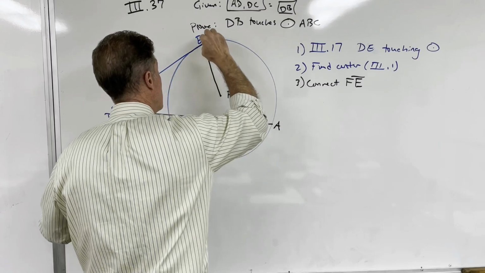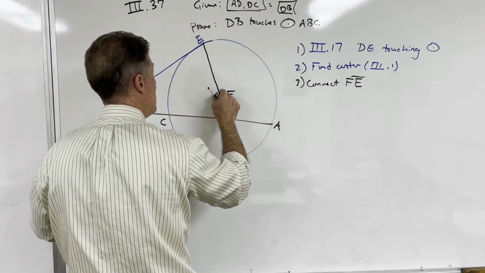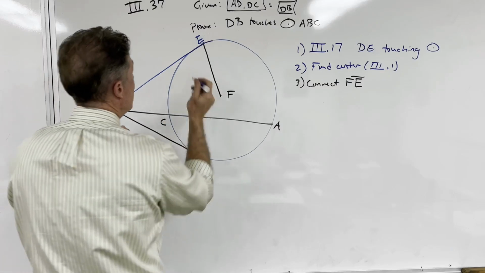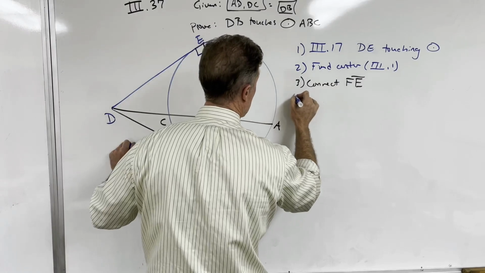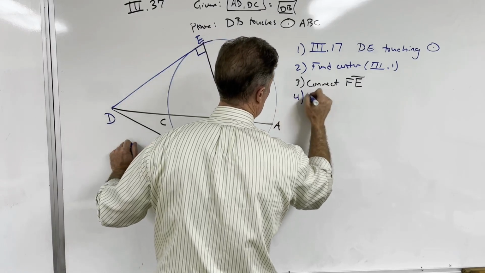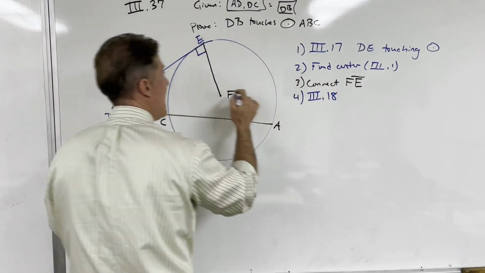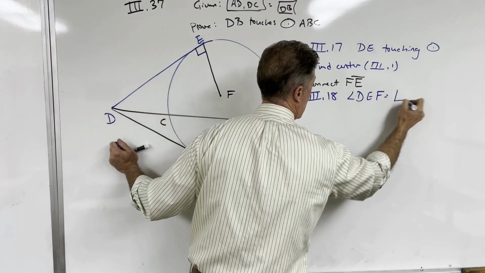And we know that if we have a line that touches the circle and we connect the center of the circle to that touching line, then that's going to create a right angle. We know that from Book 3, Prop 18. Therefore, we know angle DEF is a right angle.